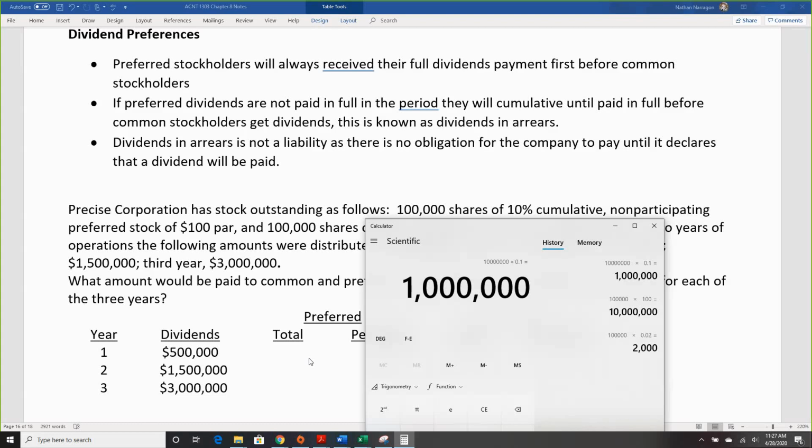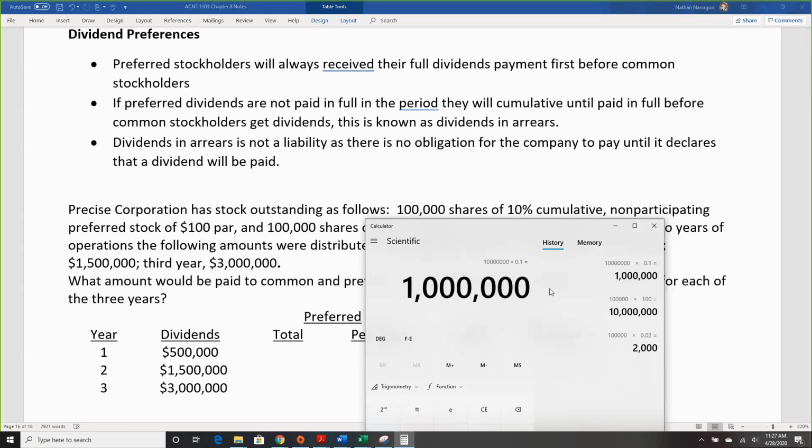So, this is just saying this is how much dividends preferred stock gets in total. So, every time dividends are declared, or basically every year, preferred stock is supposed to get $1 million worth of dividends. Okay? So, when we look at dividend preferences, common stock kind of gets shot right here.